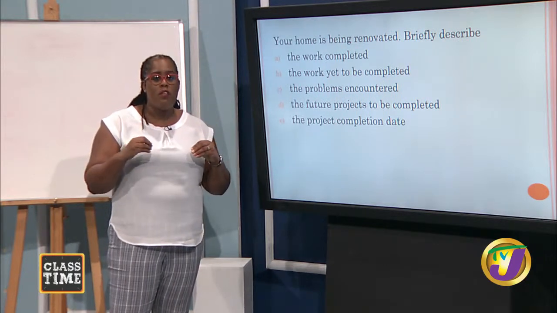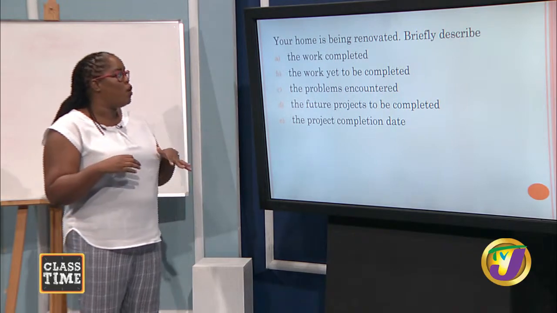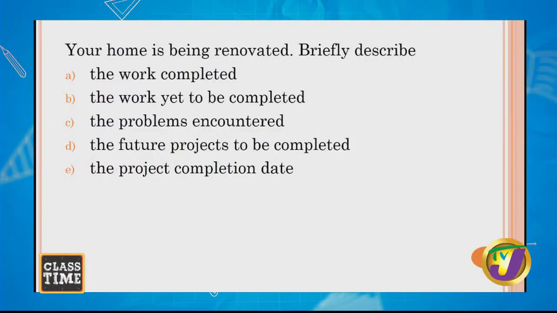The activity states that your home is being renovated. Briefly describe A, the work completed, B, the work yet to be completed, C, the problems encountered, D, the future projects to be completed, and the project completion date.